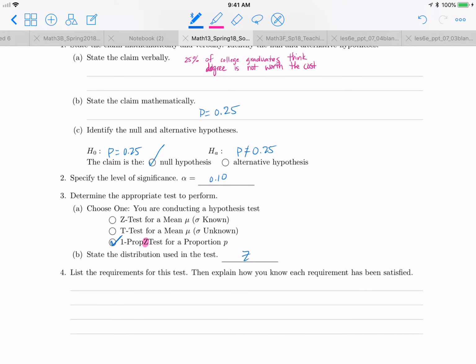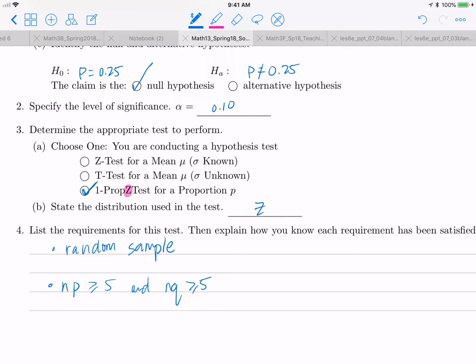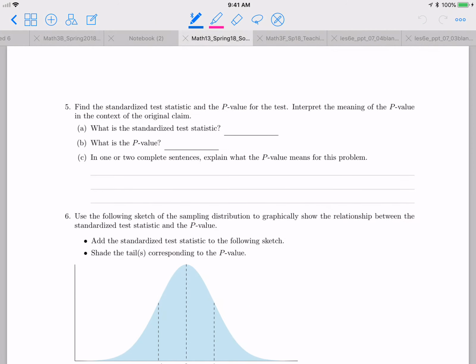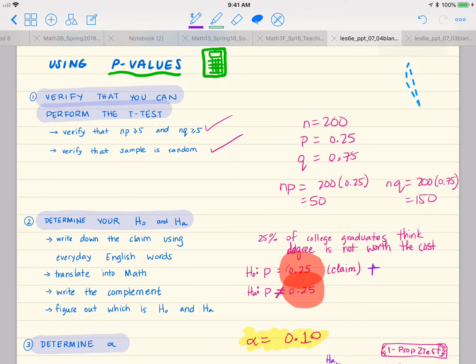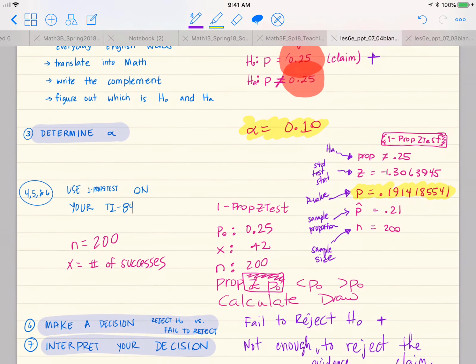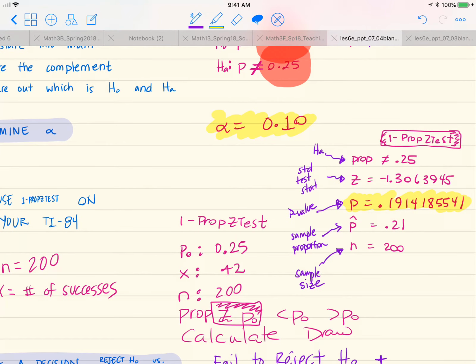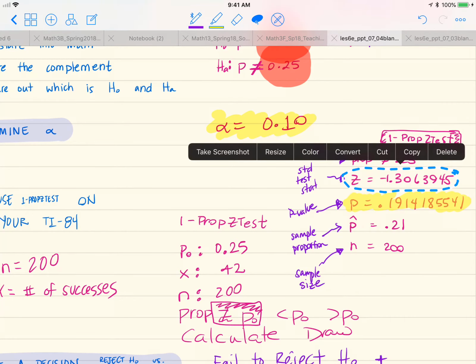The requirements of the test, we need a random sample, and we need to know that NP is greater than or equal to 5 and NQ is greater than or equal to 5. Each of these we tested, so we showed how to test them on the other side. Now, what is the standardized test statistic? Here's where I can go to my output and use this standardized test statistic. Command copy.